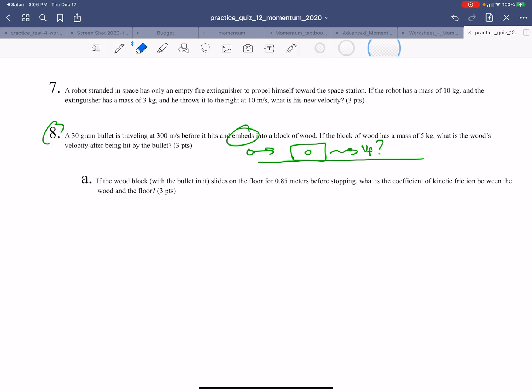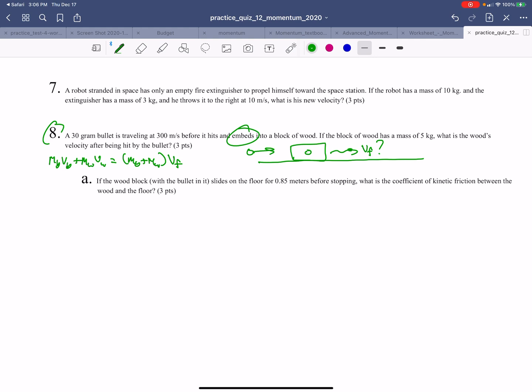I lied. I am actually going to do it up here because this part A is going to take a little longer. So this is going to be the mass of the bullet times the velocity of the bullet plus the mass of the wood times the initial velocity of the wood. And since they stick together, it's going to be an inelastic collision where the two masses combine and they travel together at some velocity at the end. All of the momentum comes from the bullet because the wood was at rest.